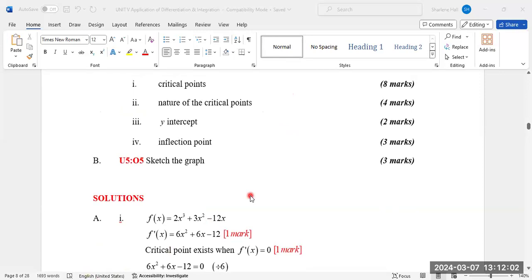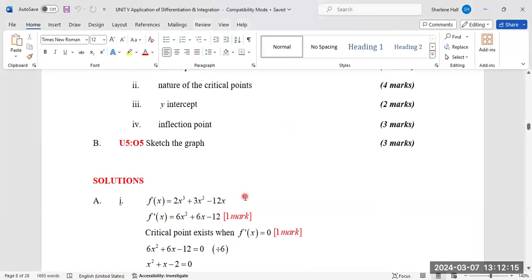So 6x squared plus 6x minus 12. You see, you get 1 mark for just differentiating the function. I did this in such a way to show you the number of marks that are going to be allotted. You get 1 mark just to do that. Then now for critical points, your f dash of x must be equal to 0. You see, if you tell them that, you pick up another mark.